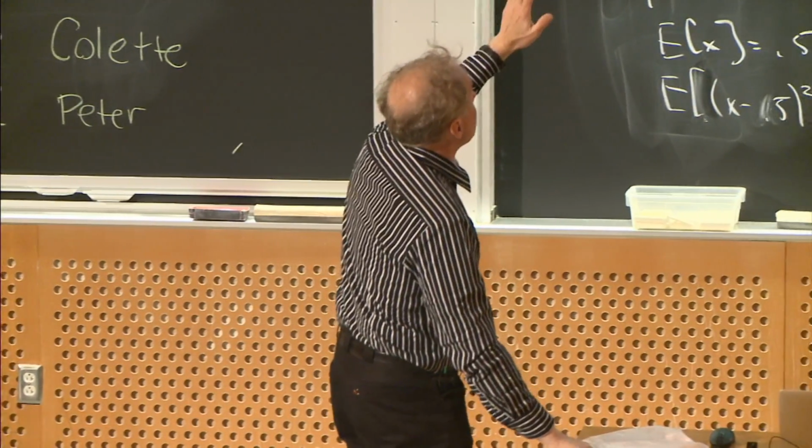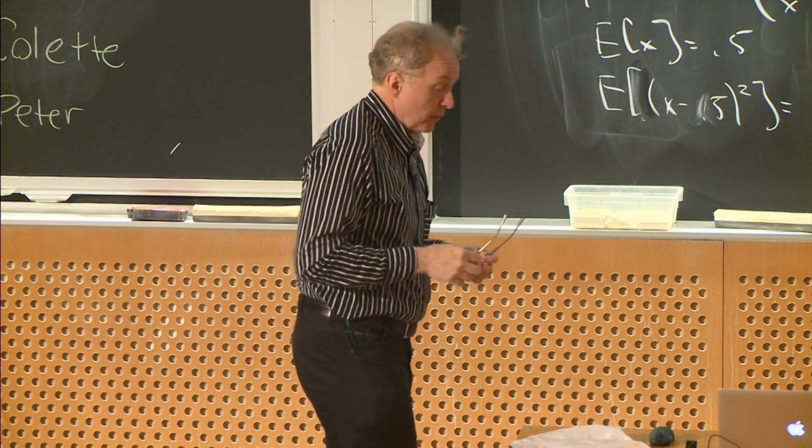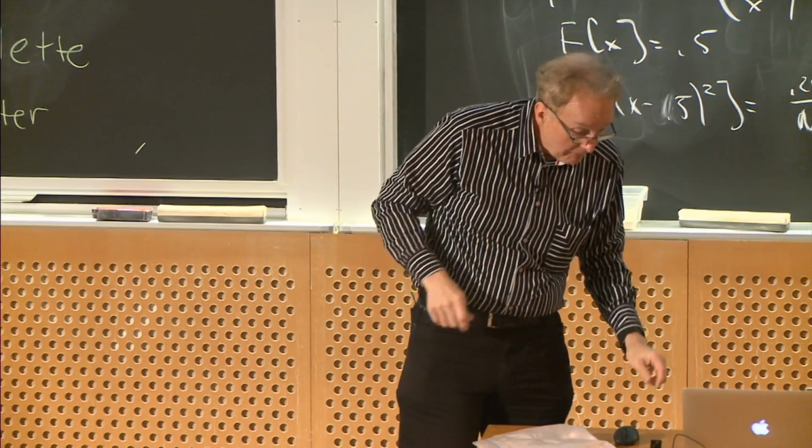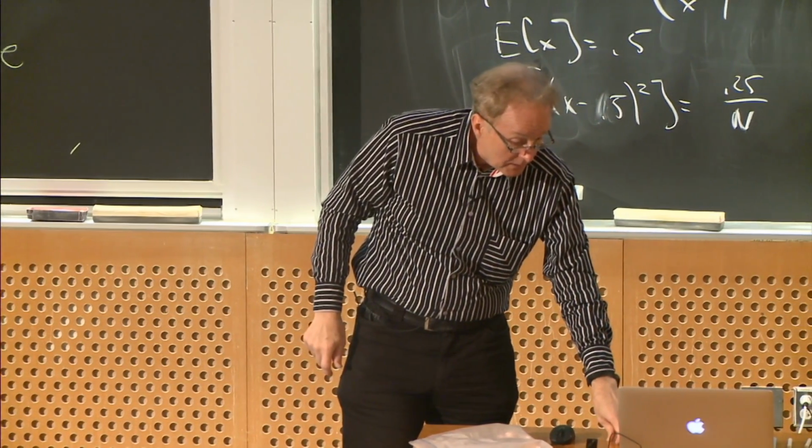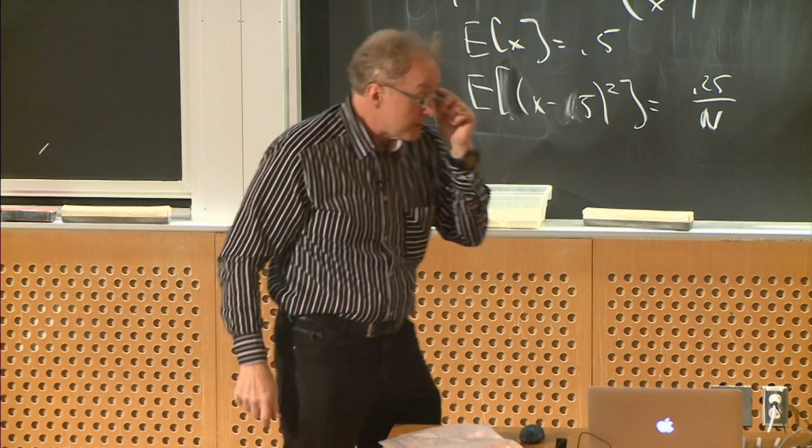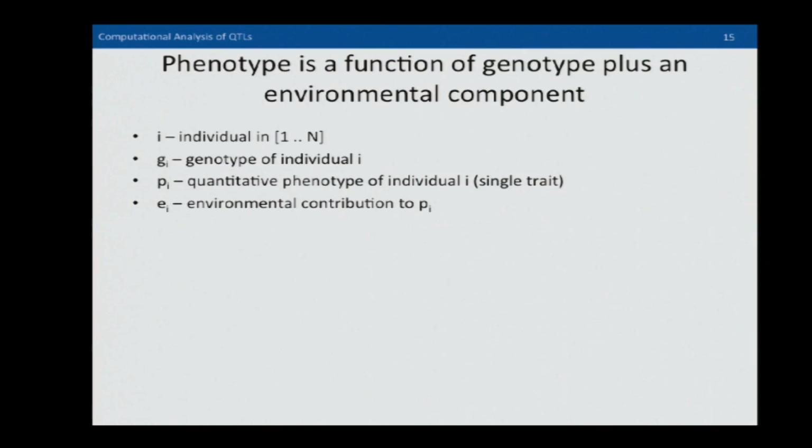And we'll see the effects of marker correlation in a little bit. So the way we're going to model this is, this is a definition of the variables that we're going to be talking about today.